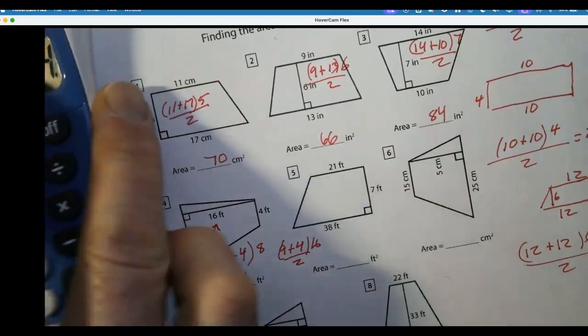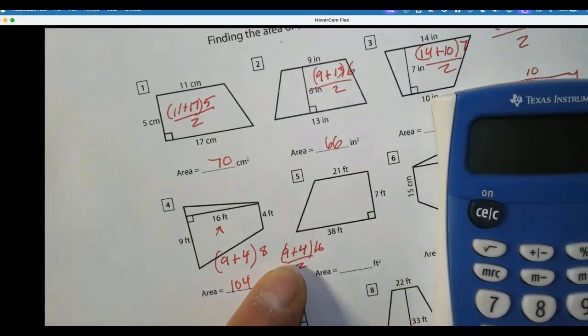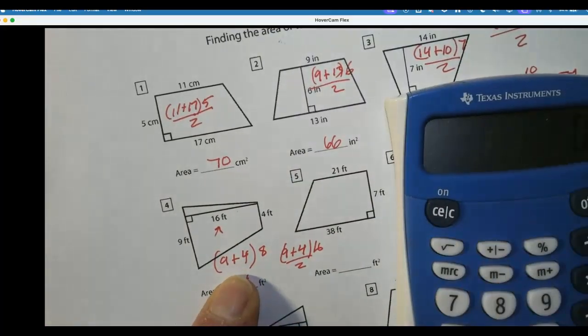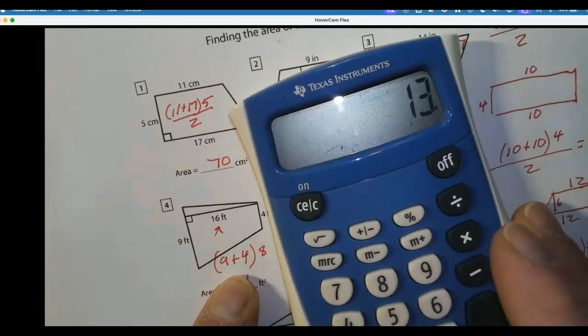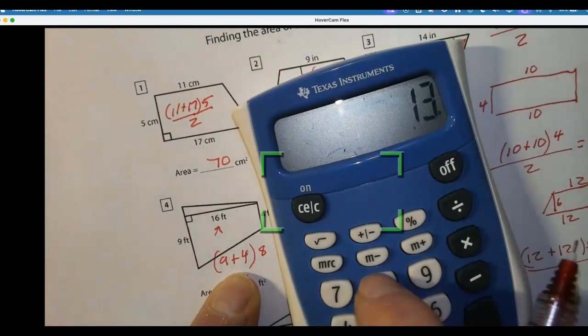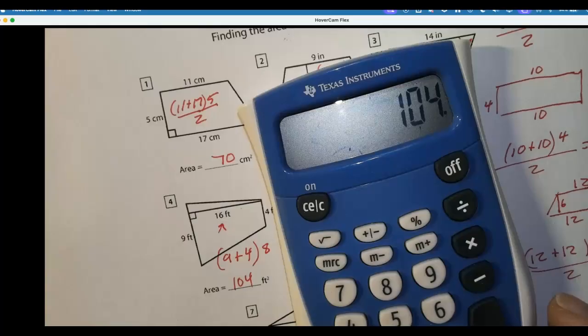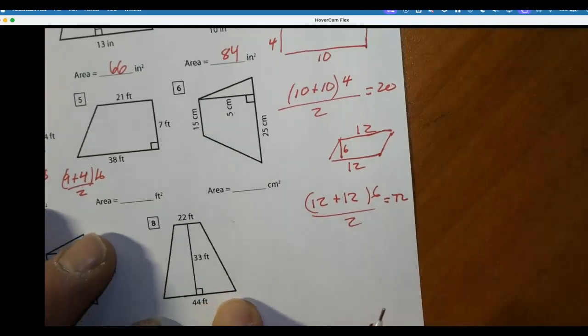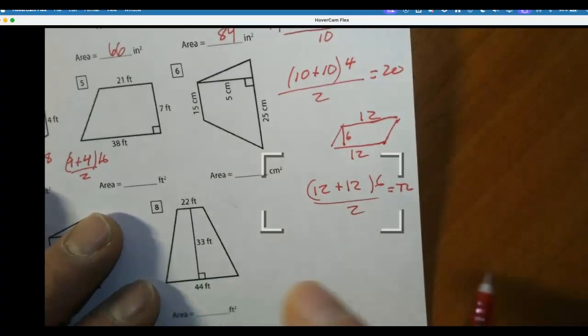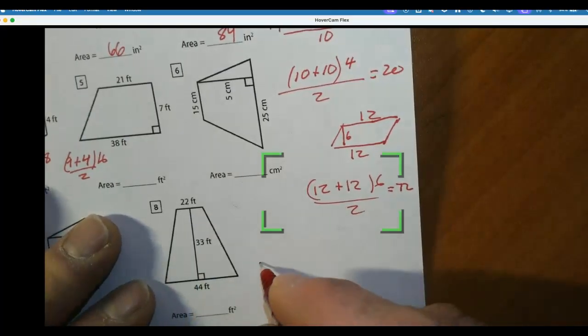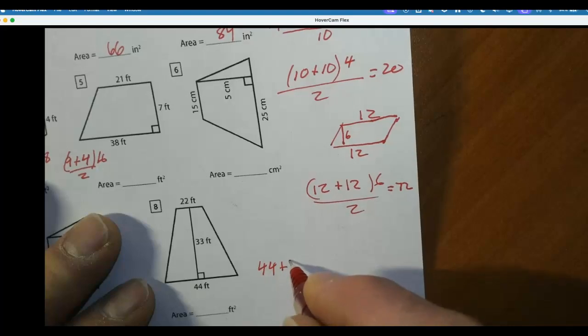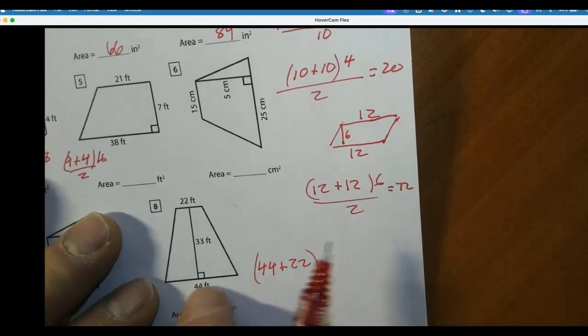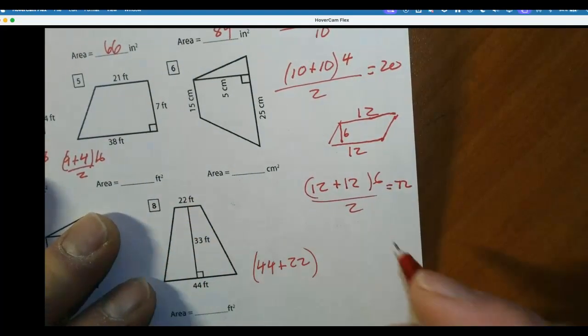All right. Let's just go ahead and try this one and see if it works. Well, 9 plus 4 is 13. If we take 13 times 8, bam, there it is. Let's do one more. Let's go down here and do this big dog. Now, these are pretty big numbers. I'm not going to try to cut anything in half here. So 44 plus 22. These are my bases. The bases are the lines that are parallel.